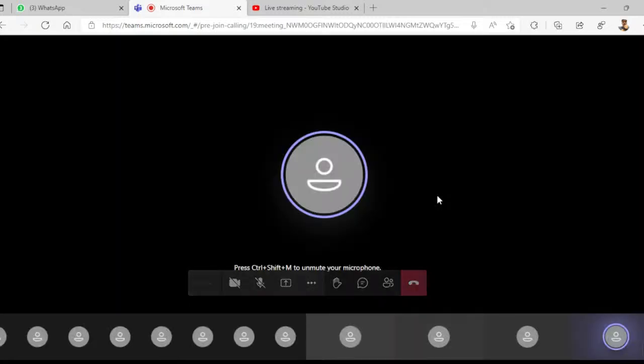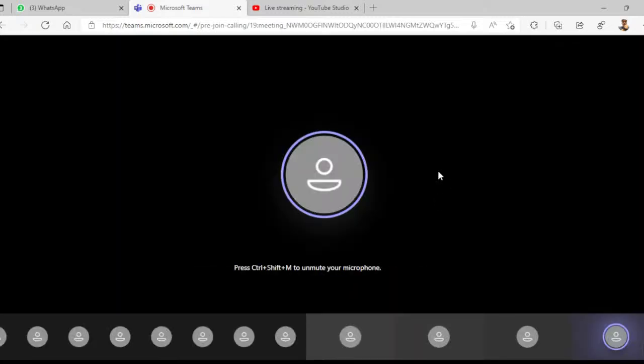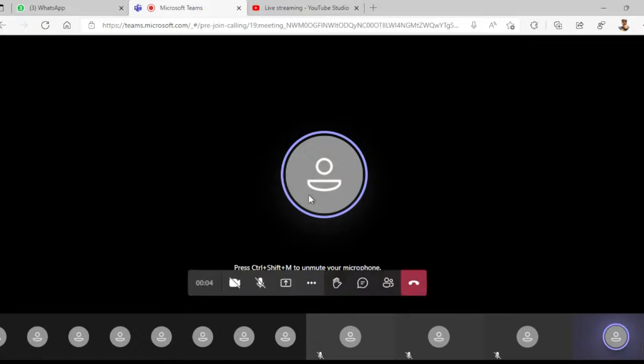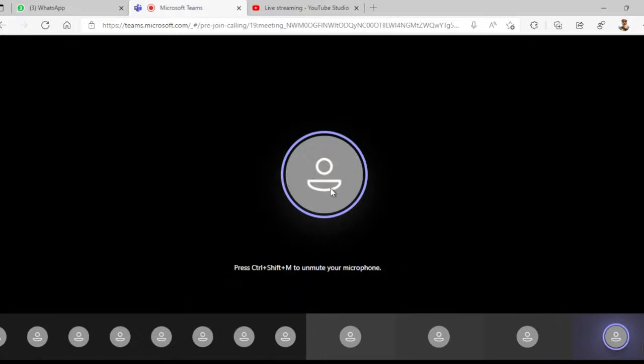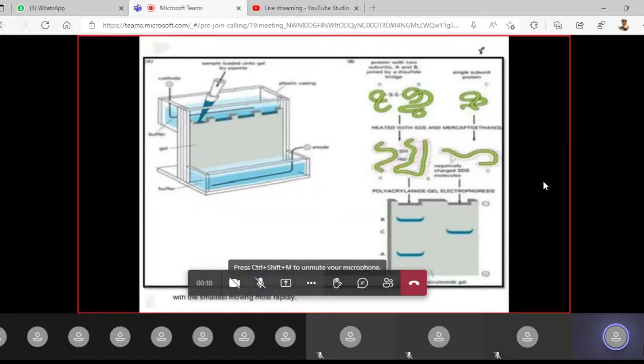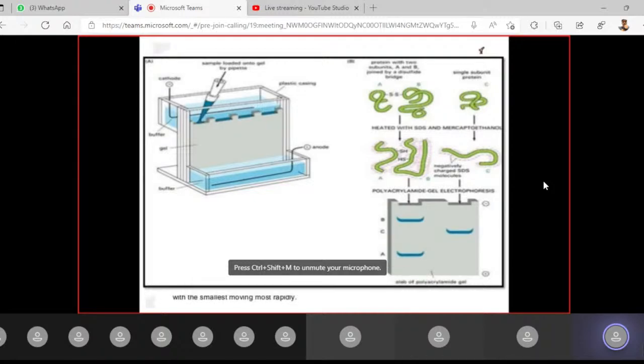Like if I say hemoglobin is a protein with 4 subunits, meaning 4 polypeptide chains will be linked together. When you treat it with SDS, beta mercaptoethanol, and when you heat it, the 4 subunits will get separated and you will get 4 separate bands like this. Now here this protein has 2 subunits.